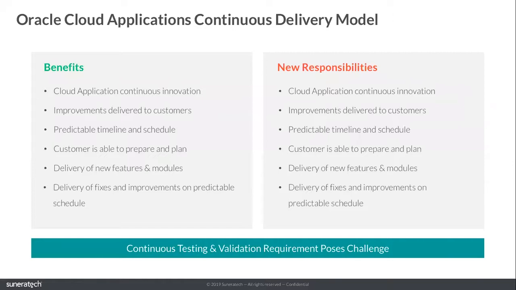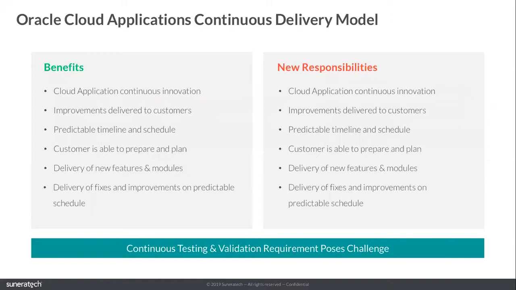But when you're migrating to cloud, you have the ability to get continuous innovation, where Oracle or your cloud partner is providing these innovations continuously at a rapid pace, in a continuous delivery model, where instead of waiting for new features to come in every 6 months or every 1 year or every 2 years, you are continuously getting it either monthly or quarterly, and you have the ability to absorb this innovation, right?